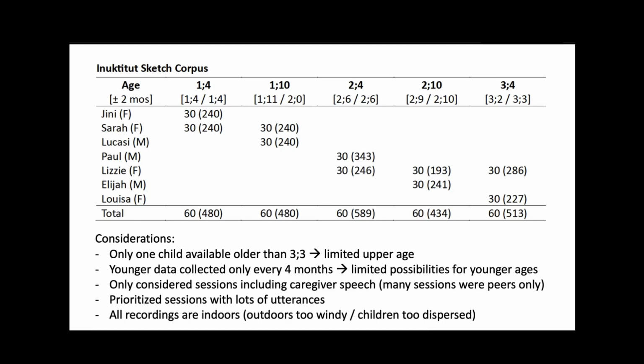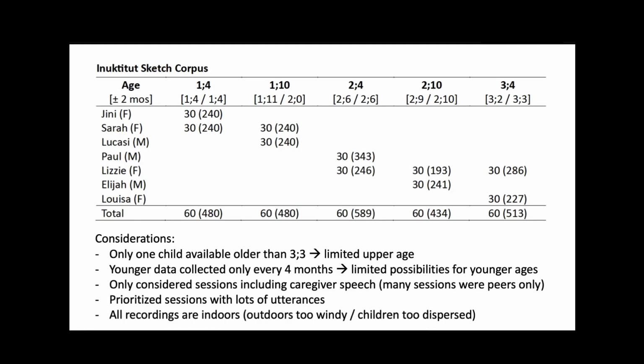And the caregiver data we focused on was all from adults because the peers were mostly same age or maybe a year older, not like a 10-year-old child looking after the little sister or something. And so a lot of our recordings didn't have any caregiver speech in them, or not very much. And so that again restricted which recordings we could consider for the sketch.